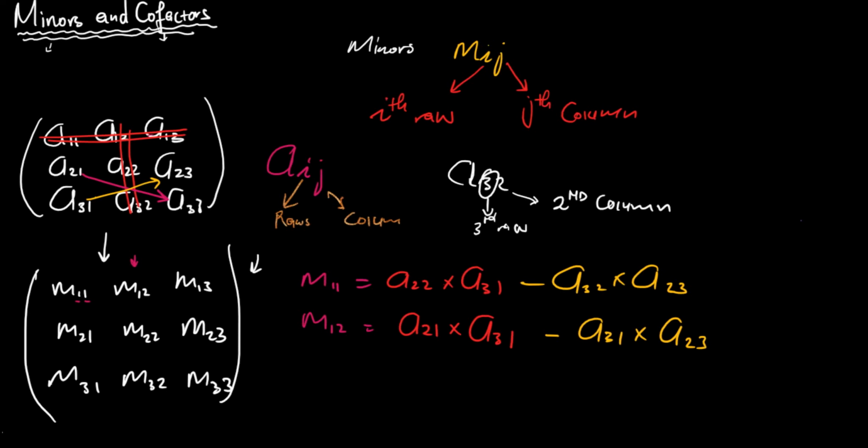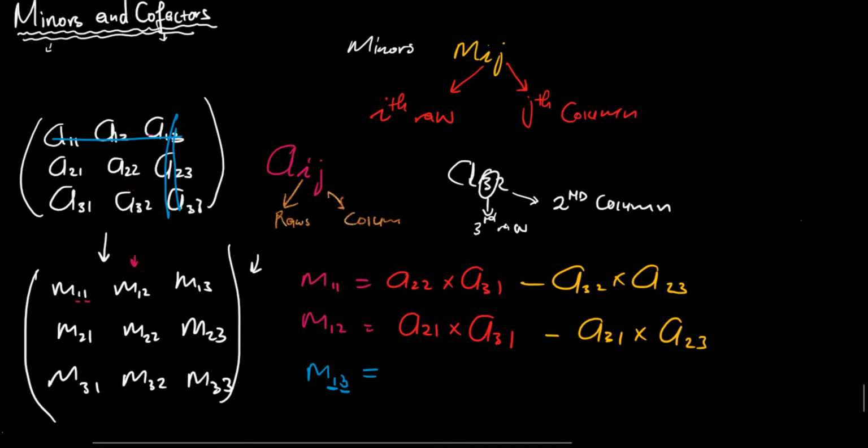We're going to find M13 just for another practice, and then we're going to use an example to see where we go with this. So to find M13, we cancel the first row and the third column, and then what is remaining we just multiply.